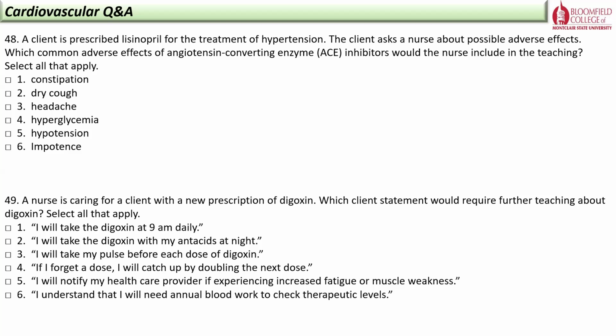Digoxin is a cardiac glycoside that slows and strengthens the heart, providing a more regular rhythm. Because digoxin has a narrow therapeutic window, it requires blood level monitoring every 2 weeks to monthly initially, and later on every 3 to 6 months.